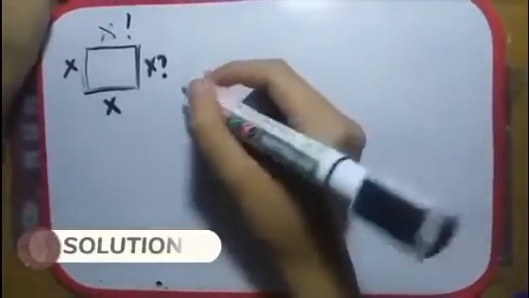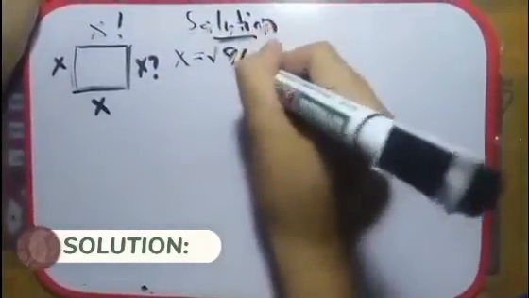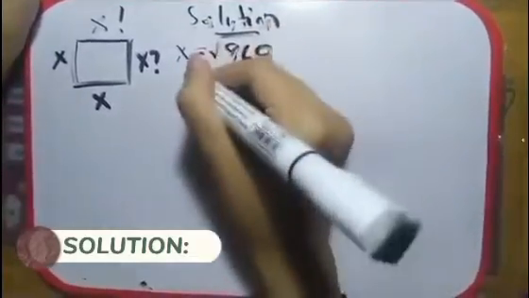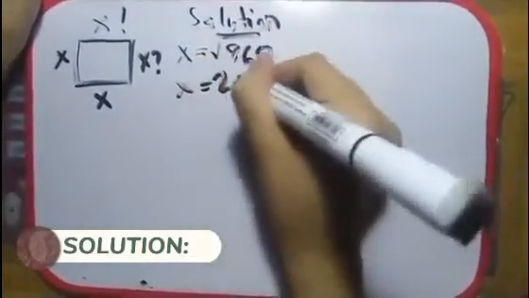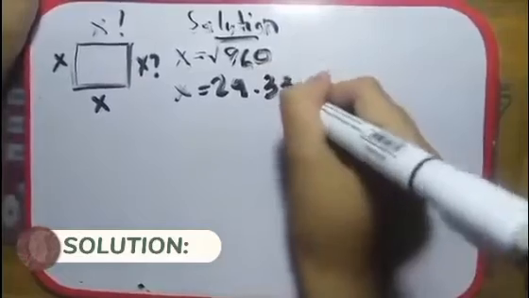So let's proceed to the solution. X equals 29.33 cm.